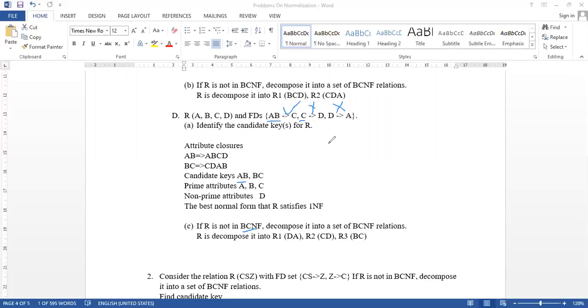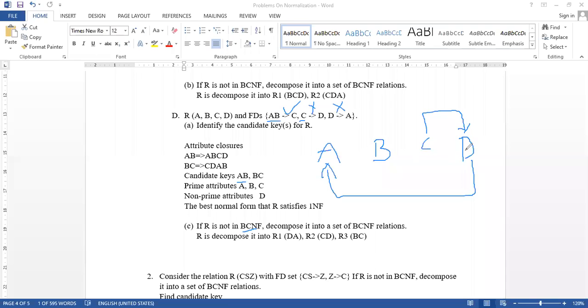Now list out all the attributes. A, B, C and D. So where is the violation? C to D. Next one, D to A. So it is violating what? BCNF rules, right?